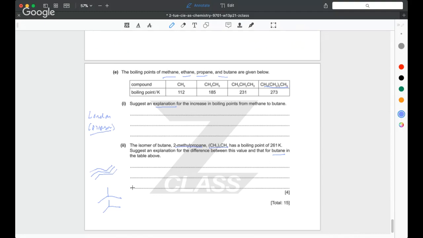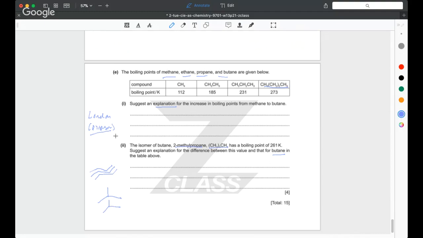And so the reason that the butane has a higher boiling point is there's more points of contact between the closely stacked butane molecules than there are points of contact in the less closely stacked 2-methylpropane molecules.